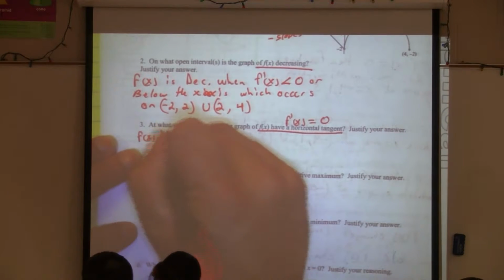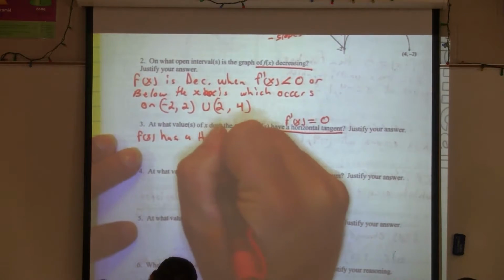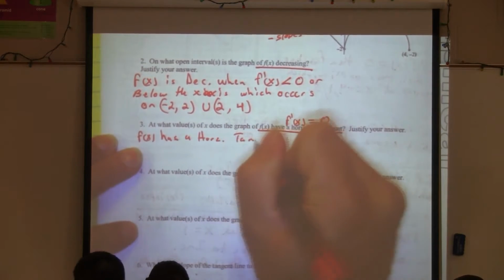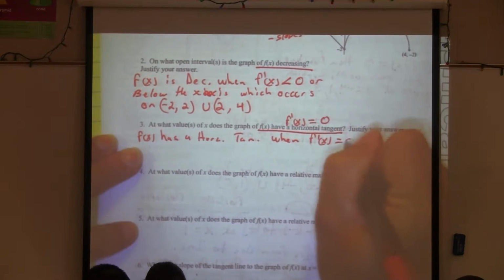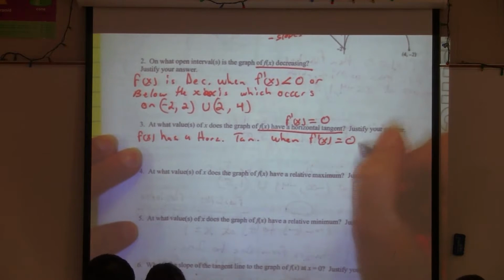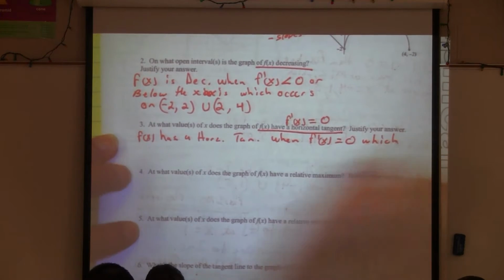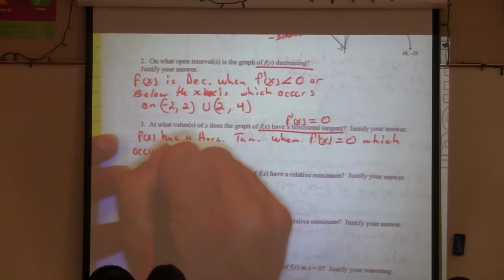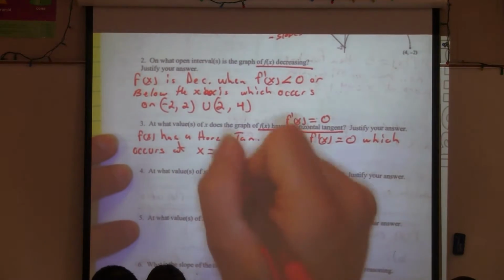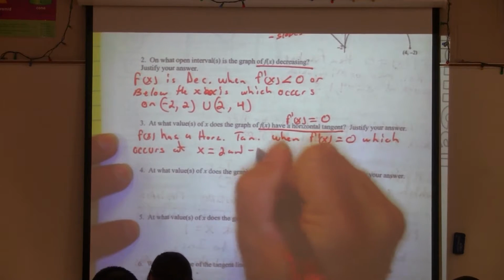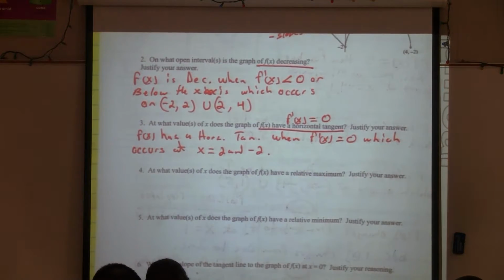F of x has a horizontal tangent when f prime of x equals 0, which occurs at x equals 2 and negative 2. That was easy, right?